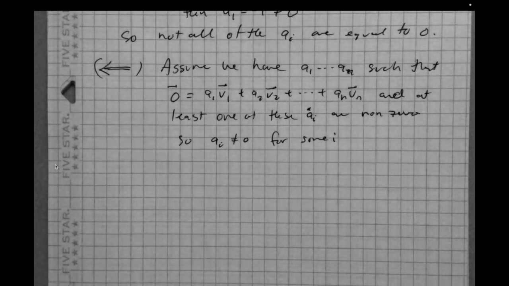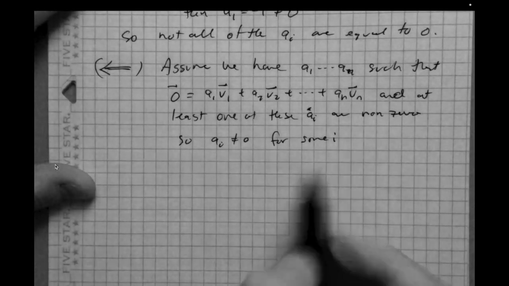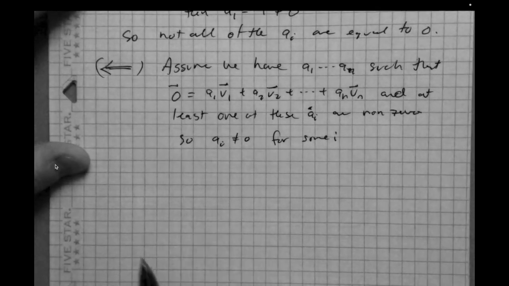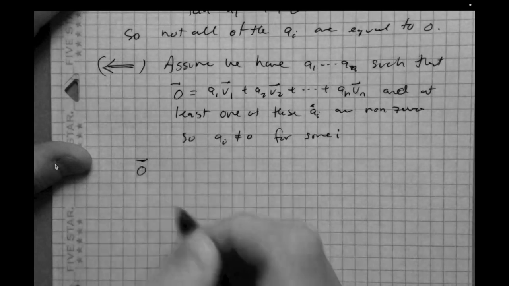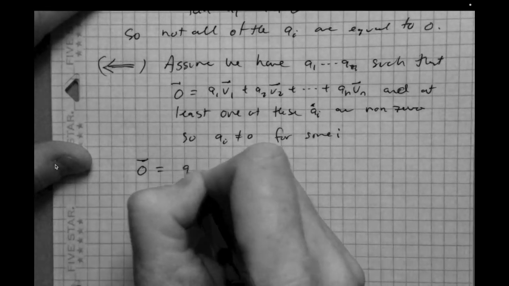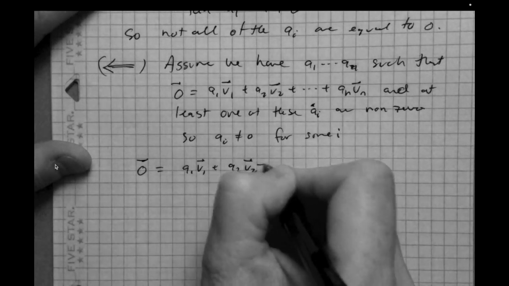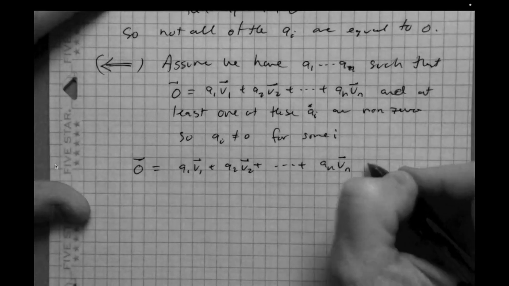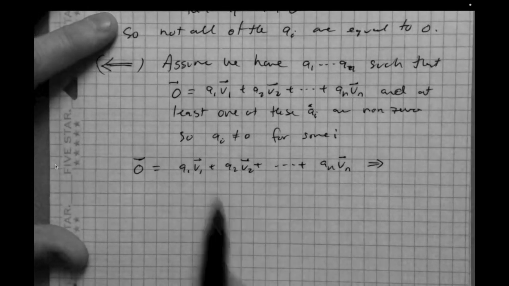What does that mean? Let's pull the ai out and put it on the other side. Let's do it in order so people can see how this works. We start with 0 equals a1v1 plus a2v2 plus ... plus anvn. Now some ai in here has a non-zero coefficient, so let's isolate it and pull it to the other side.